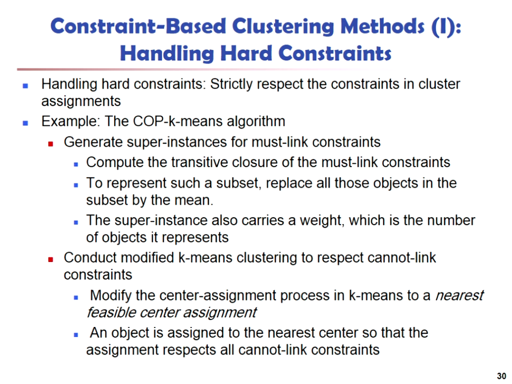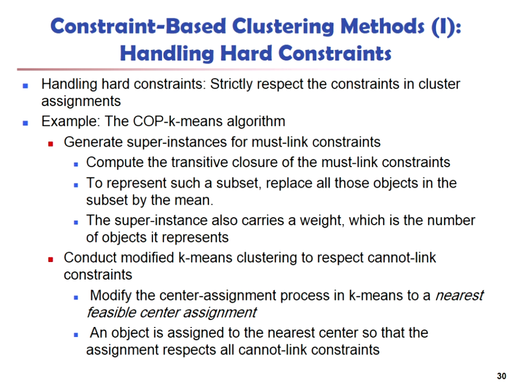Another manner is to conduct modified k-means clustering to respect cannot-link constraints. This is another way to modify k-means to resolve a hard constraint like cannot-link. Cannot-link means we cannot find x and y together in the same cluster.